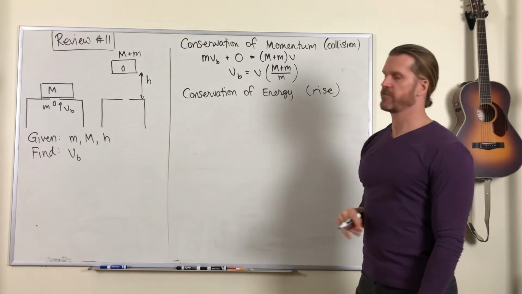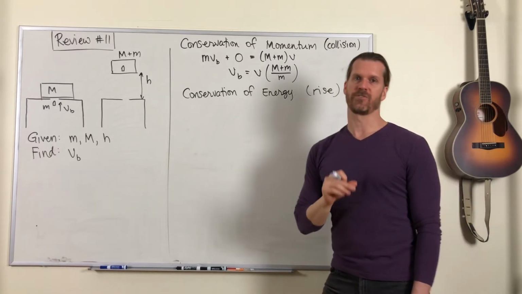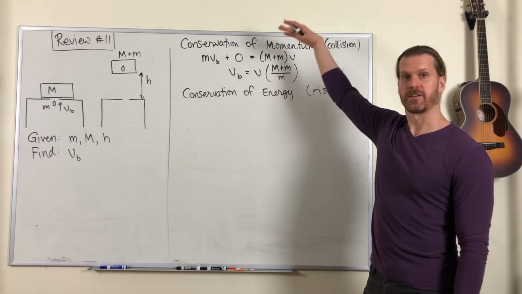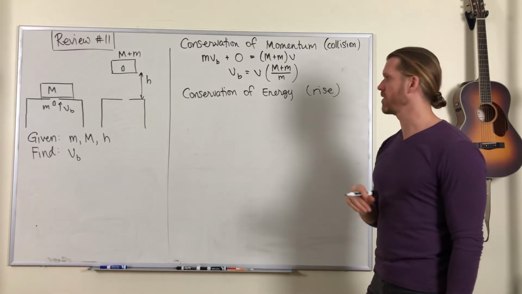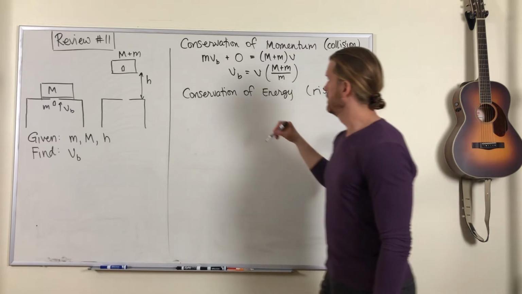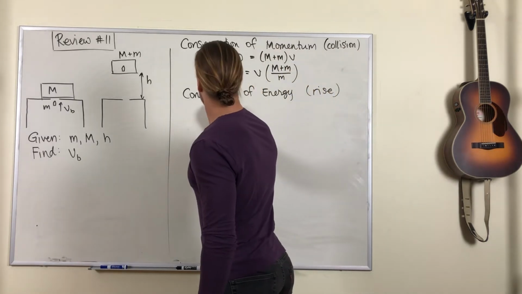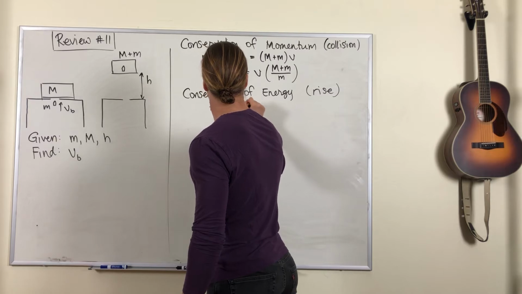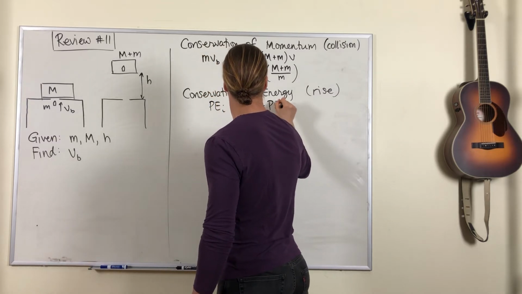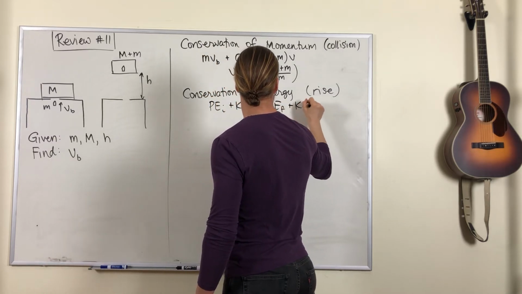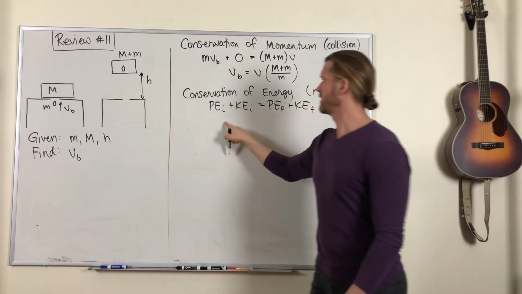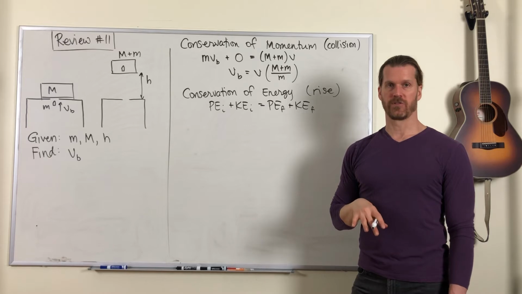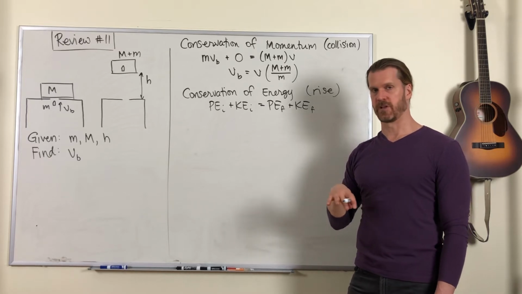So we can use conservation of energy immediately after the collision, as this block is rising into the air. So the initial scenario here is immediately after the collision, when that block is at table level.